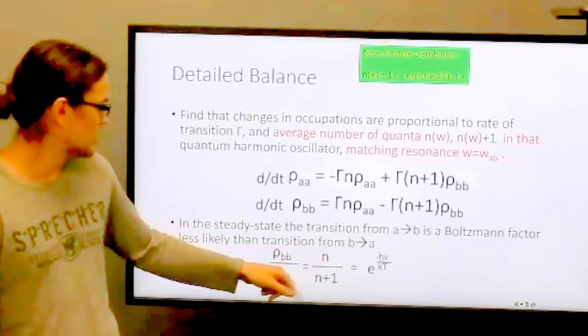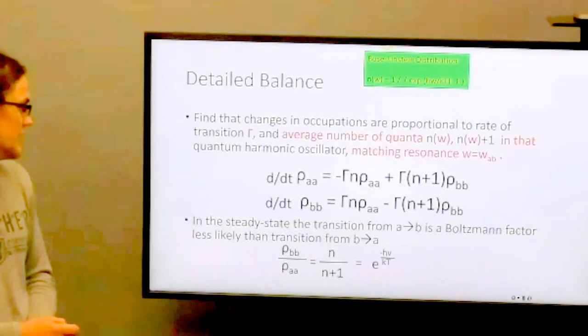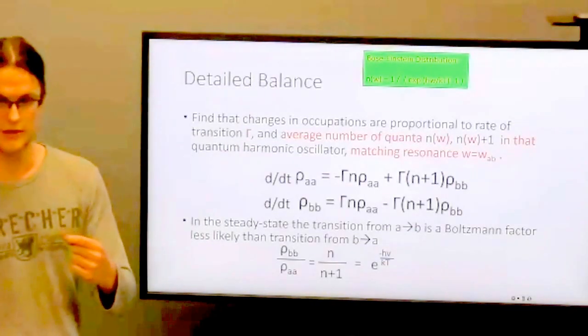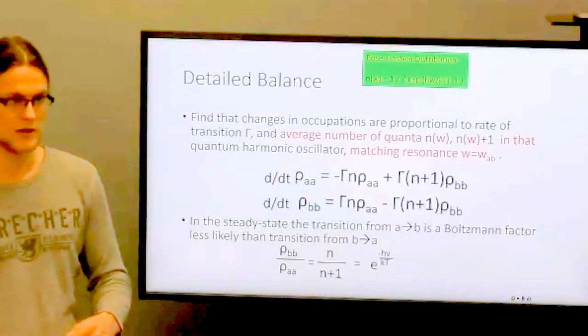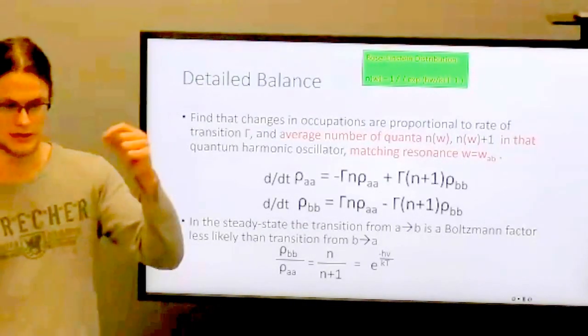That turns out to be n over n plus 1, which turns out to be a Boltzmann factor. So that essentially tells us that the transition from A to B is a Boltzmann factor less likely than from B to A, or it's more likely to go from excited to ground state than from ground state to excited state.